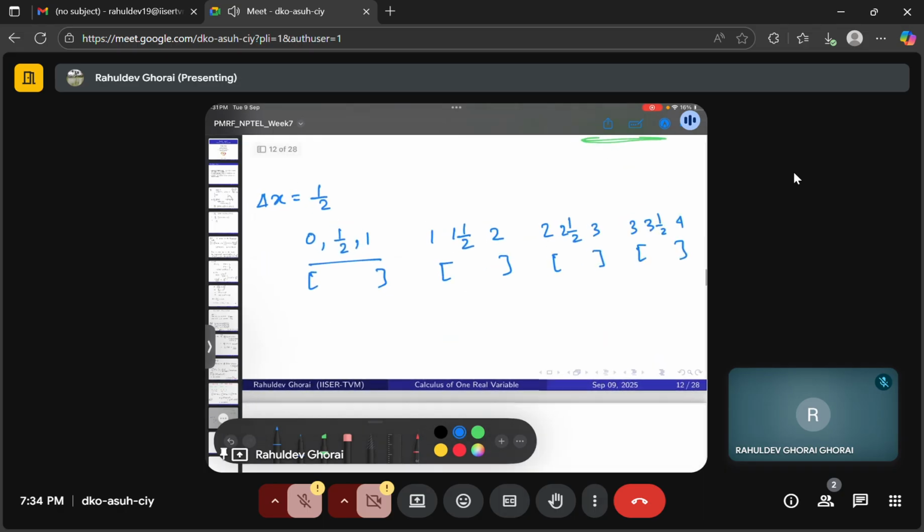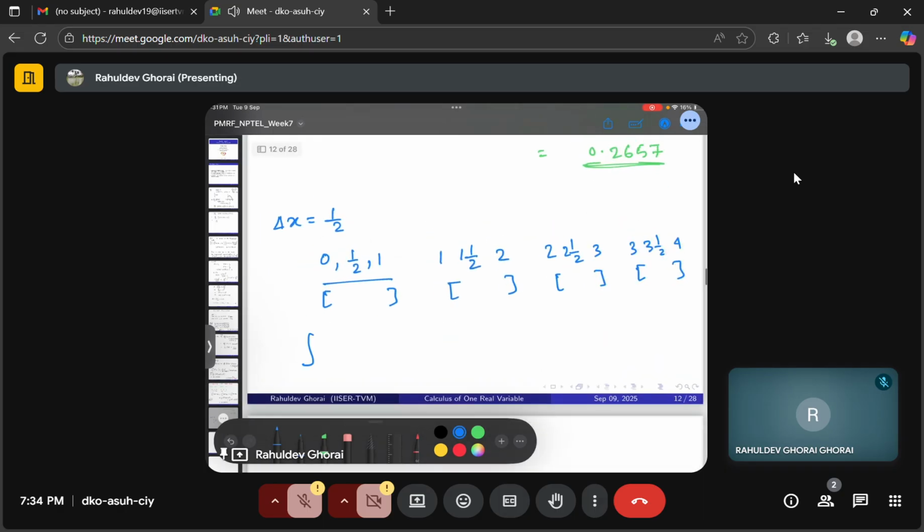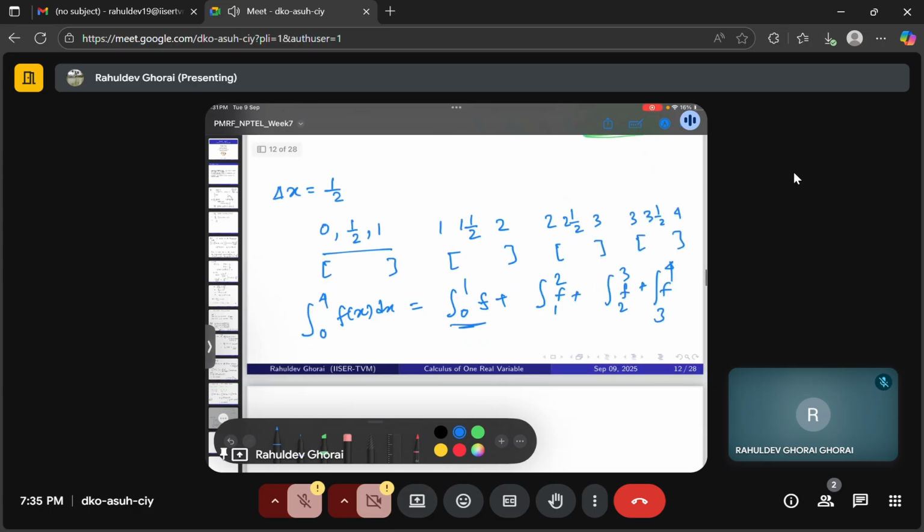So whatever the integration value we have, integration 0 to 4 of f(x) dx, you can write as 0 to 1, 1 to 2, 2 to 3, and 3 to 4, plus plus plus. And now you know how to use the Simpson rule for 0 to 1.